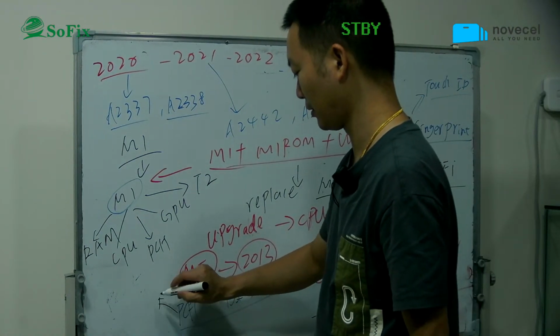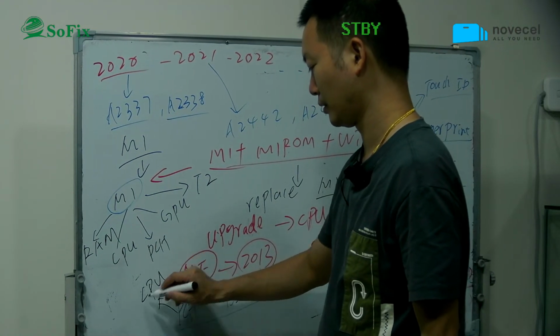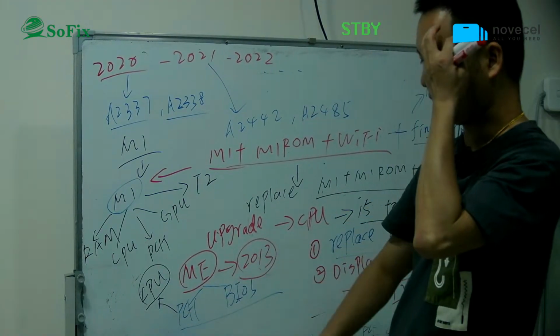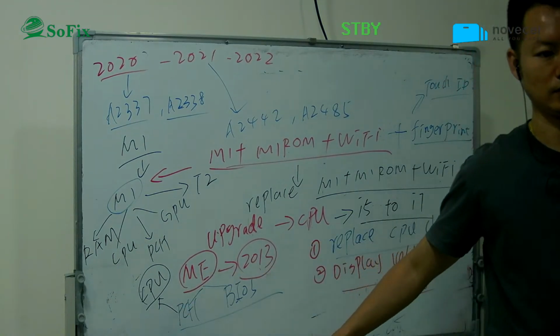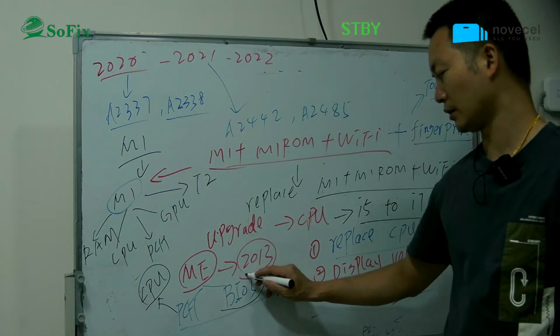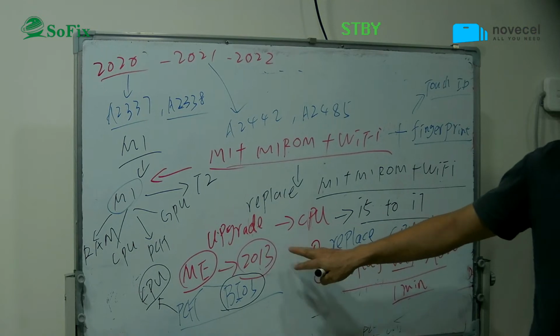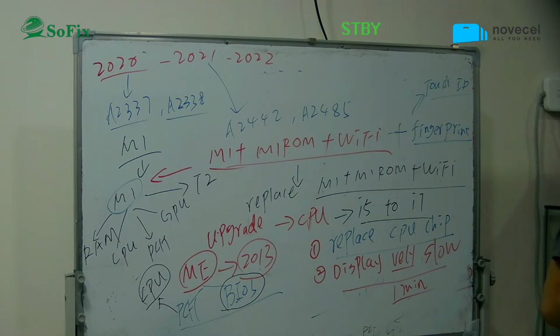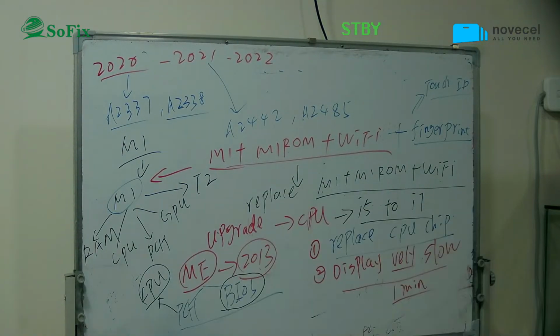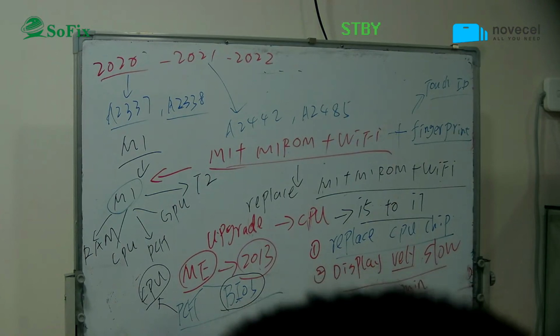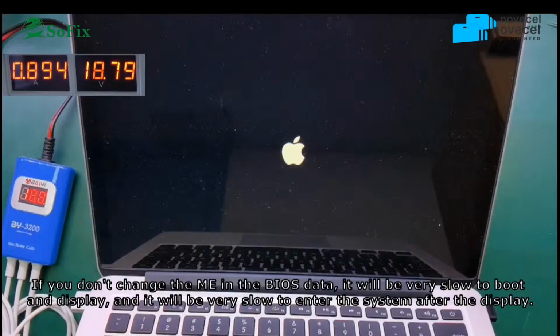This motherboard only has the CPU. So you replace the CPU, replace the PCH, but now the BIOS data is not rewritten, so it is very slow. The problem is the BIOS data. After you replace the CPU chip, you must rewrite the original BIOS data. So continue watching this video to see how to solve this issue.